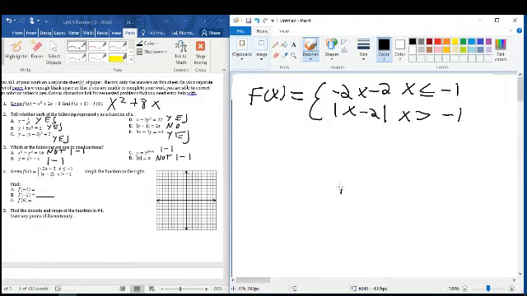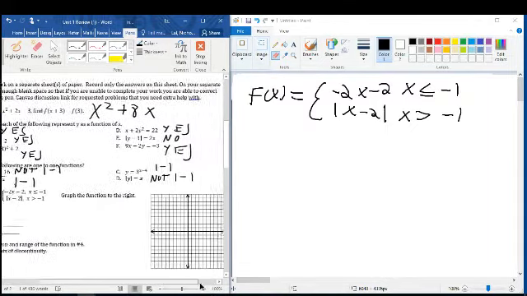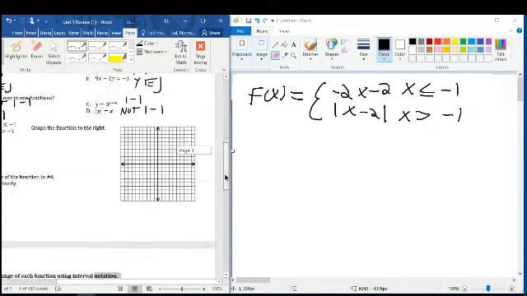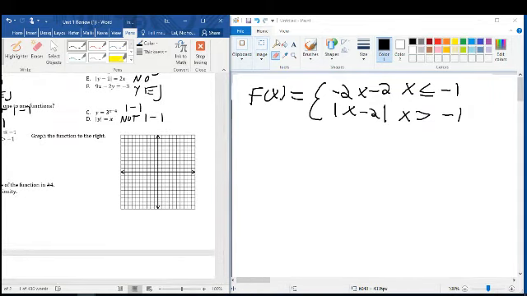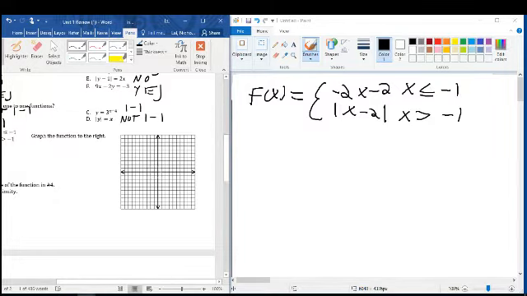When we graph this function, we'll notice that the first function is when x is to the left of negative 1, and the second function is when x is to the right of negative 1. So at negative 1, that's the point where we stop.